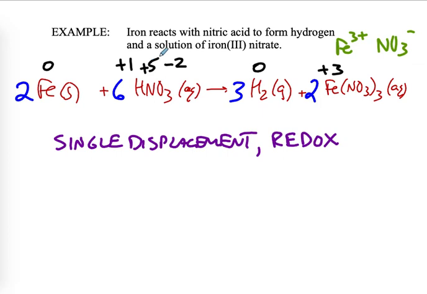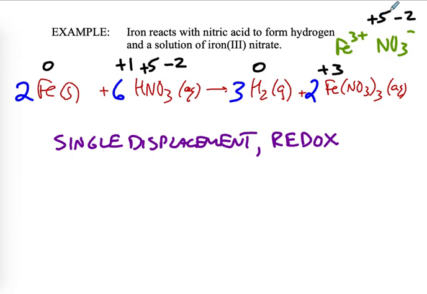In order for the oxidation numbers to add to 0, nitrogen must have an oxidation number of +5. In iron 3 nitrate, I'm just going to look at the nitrogen as part of nitrate. Each of the 3 oxygen atoms has an oxidation number of -2. In order for the sum of the oxidation numbers of all the atoms in the nitrate anion to equal the charge, which is -1, nitrogen must have an oxidation number of +5.